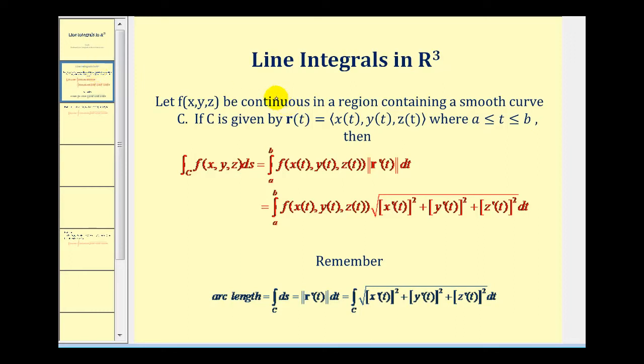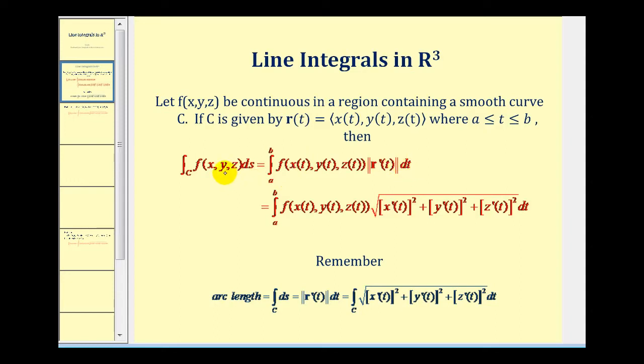So if we have a continuous function f of x, y, z in a region containing a smooth space curve given by the vector valued function as we see here, where t is on the closed interval from a to b, then we can evaluate this function of 3 variables along the space curve with respect to s by evaluating this integral here with respect to t.